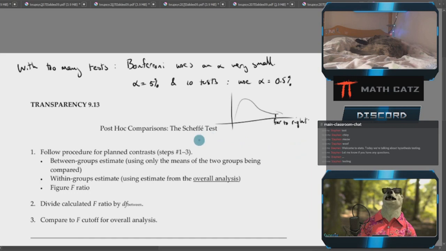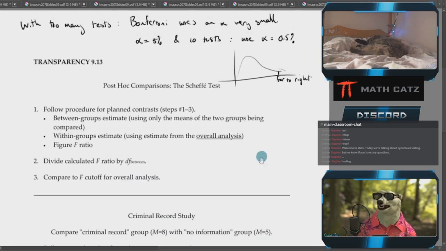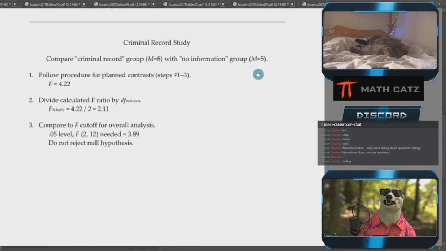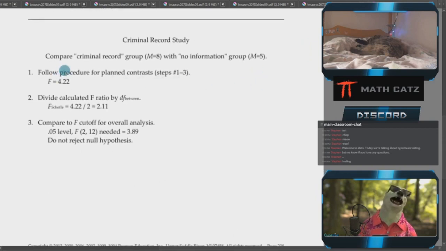The Scheffé test adjusts the F ratio in terms of how many groups I had to start with. So let's look at that. For example, if I compare the criminal record group with the no information group, then I follow the same procedure. I get an F ratio of 4.22. Instead of adjusting the alpha, I keep alpha at 0.05.